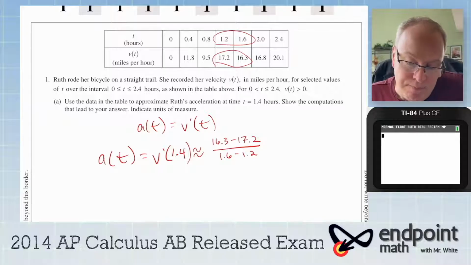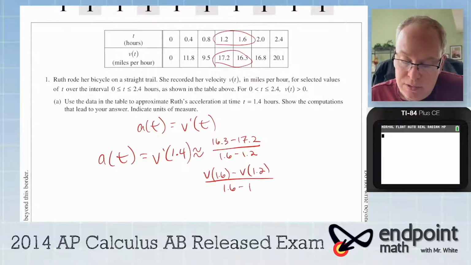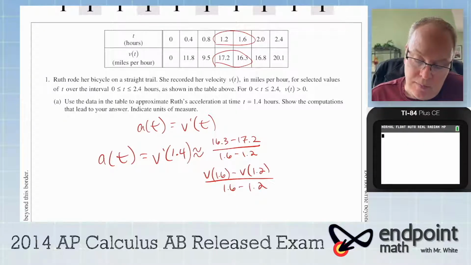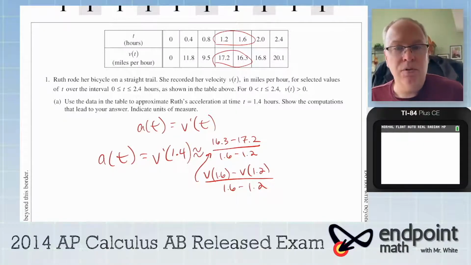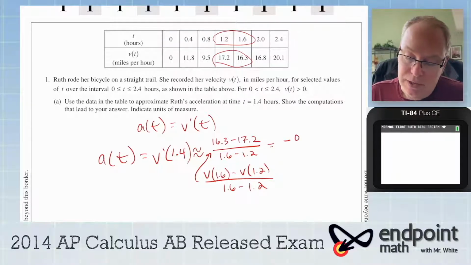One thing you could have done here also was to do the velocity at 1.6 minus the velocity at 1.2 all over 1.6 minus 1.2, if you want to insert that in there. I don't know that that would be required. All right, equals negative 0.9 all over 0.4.